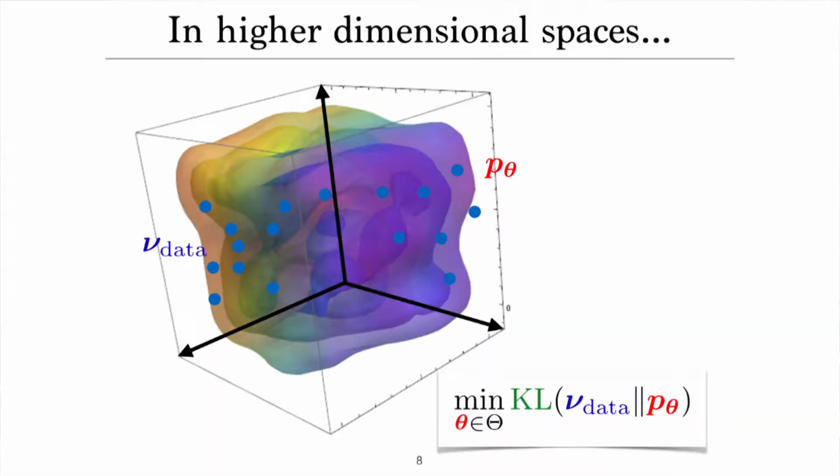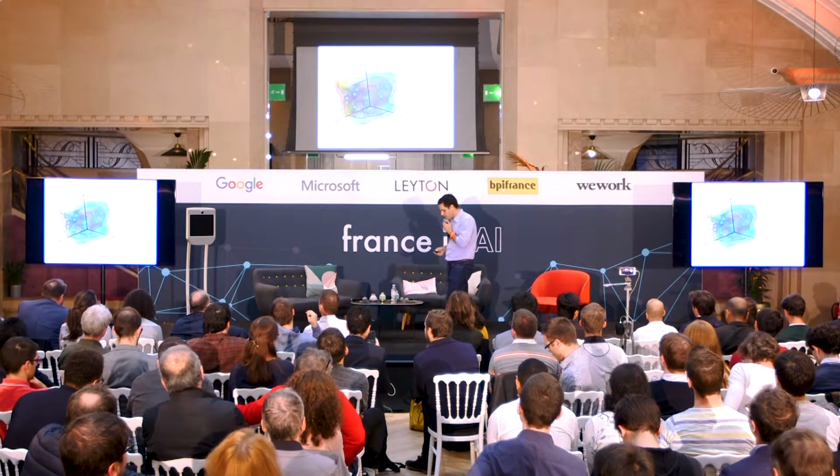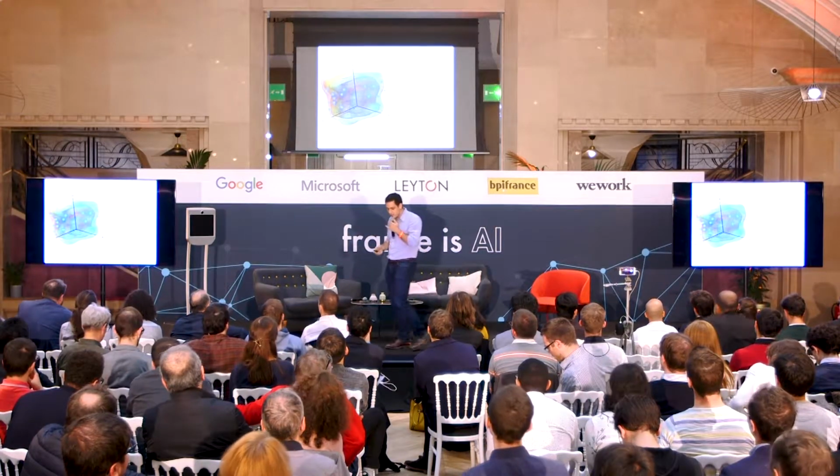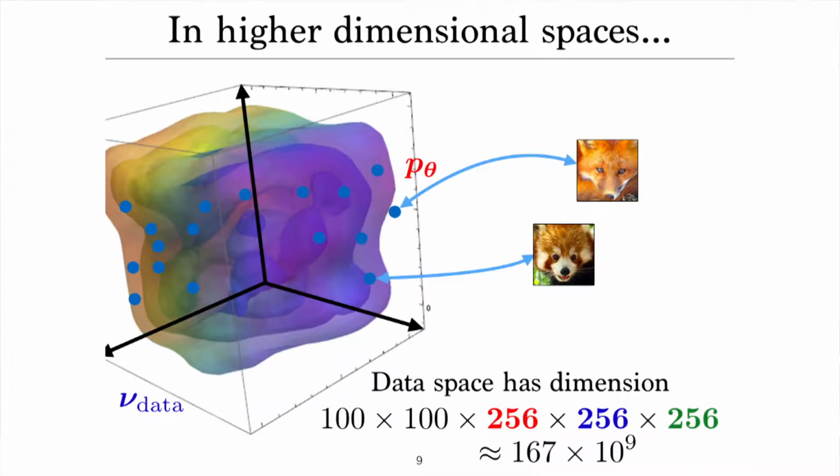Now let me go back to what I wanted to say, which was, what happens in practice if you're in 3D? Well, in 3D, you will all agree that this immediately becomes a lot more complicated. We start having trouble picturing those level sets of densities, and now we need to fit those densities to those points. In 3D, it sounds okay, but imagine we are in a very, very high dimensional setting.